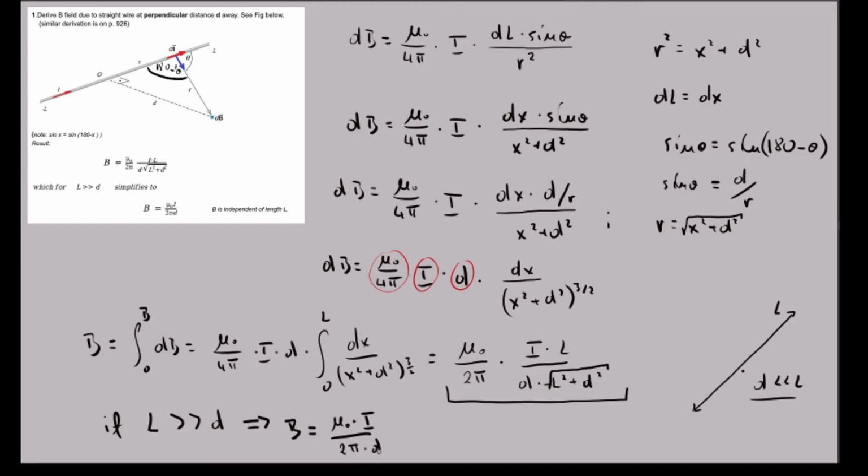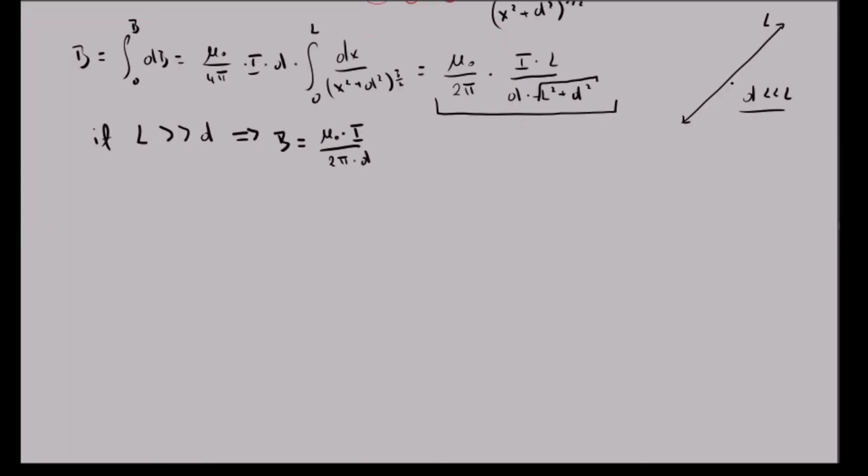Now you should be able to figure this out on your own, but I'm going to show you at least a few steps. So let's take this equation here and play around with it a little. What we'll have is mu naught over 2 pi times I over d, and times L over.